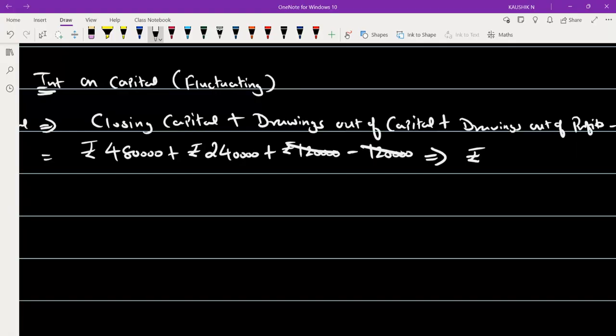Let's check it out. You just need to do the calculation. 4 lakh 80 plus 1 lakh 20 is 6 lakhs. Okay, 6 lakhs plus 2 lakh 40, 8 lakh 40, 8 lakh 40 minus 1 lakh 20. How much will you be getting?